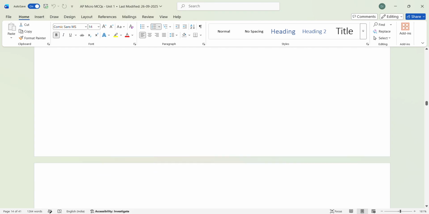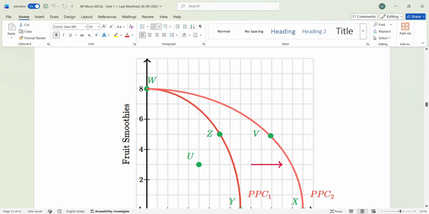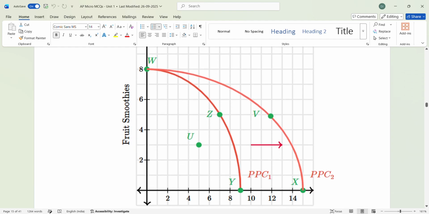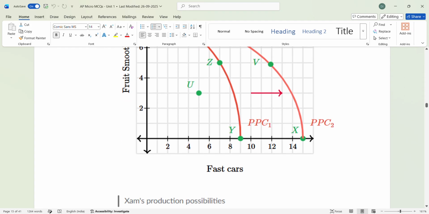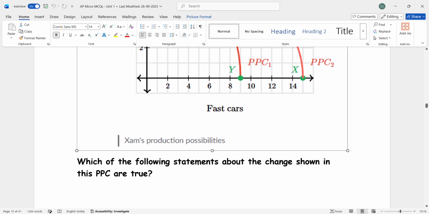All right. Let's see the graph. Okay. Fruit smoothies on the y-axis. And that's the graph you have. And fast cars on the x-axis. All right. Okay. Which of the following statements about the change shown in this PPC are true?